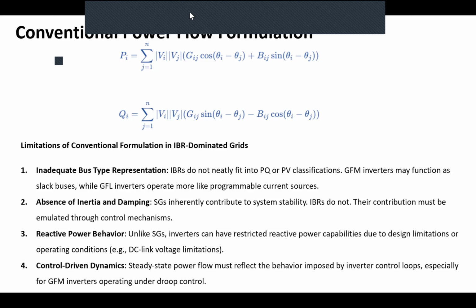But as we know, in inverter-based resources, we have a DC source which has a capability. There is a cap on how much current and voltage we could provide from our DC system. There is a limitation over there because of the devices or the switches.